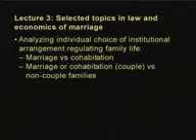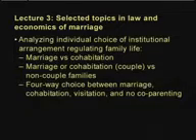I'm also going to talk about the choice between marriage or cohabitation versus non-couple. That's another institutional comparison. I will be very brief and say a few words about a four-way choice between marriage, cohabitation, visitation, and no co-parenting at all.